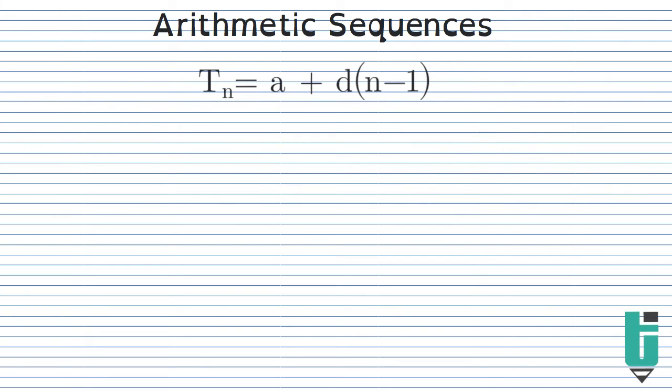Okay, so now that we know what an arithmetic sequence is, and we know what it looks like, and we know how to identify it, we want to be able to determine a general formula for any arithmetic sequence. And a general formula is kind of like an identity of an arithmetic sequence.